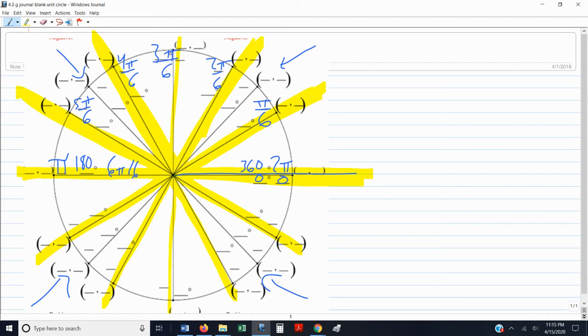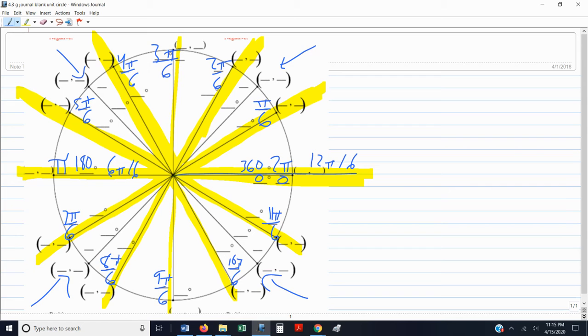And I'm going to actually keep going. 7 pi over 6, 8 pi over 6, 9 pi over 6, 10 pi over 6, 11 pi over 6, and 12 pi over 6.